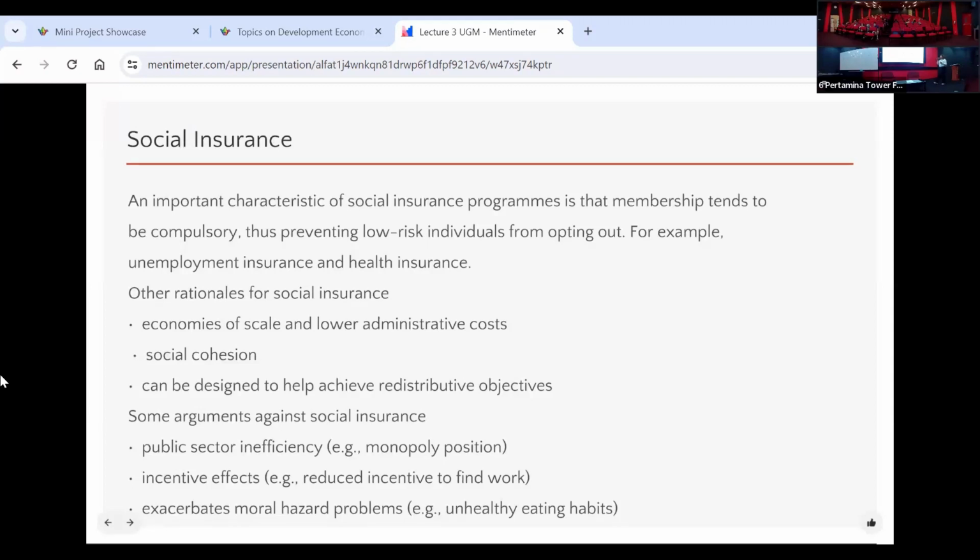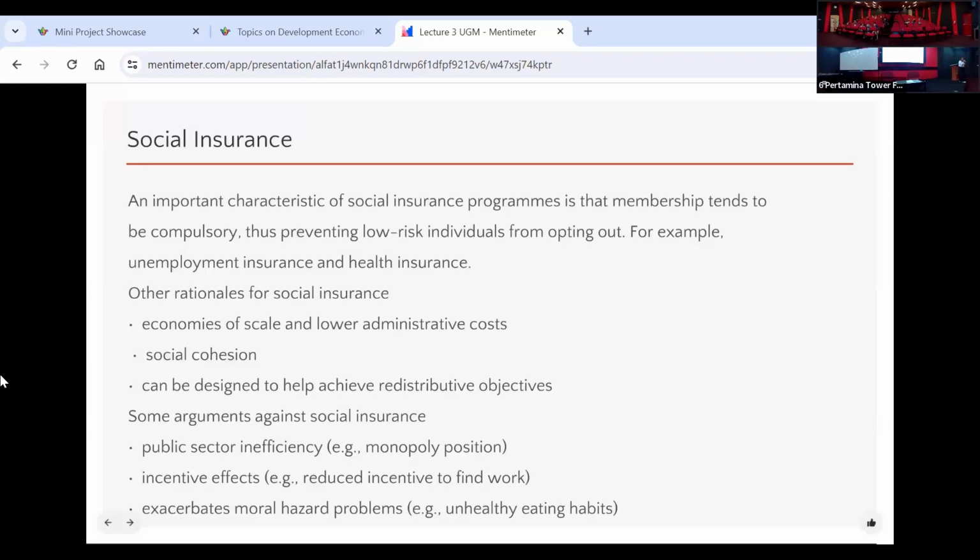The rationale for social insurance is that it is better because there are economies of scale and lower administrative costs. Social insurance creates social cohesion, like we are closer to each other. But that depends on the type of society. There are two types of society, collectivist and individualist.